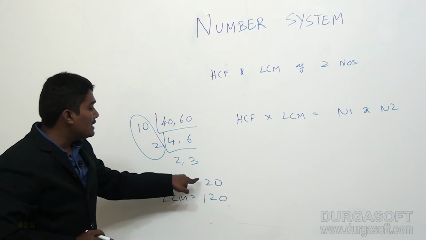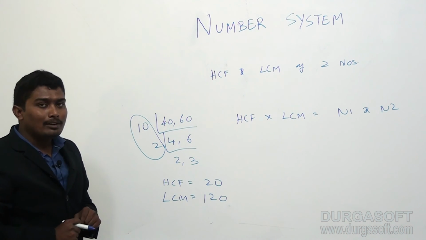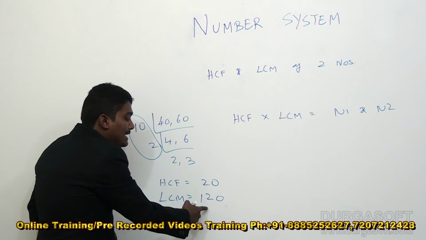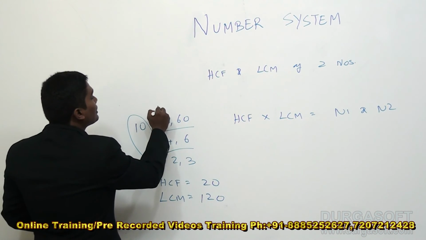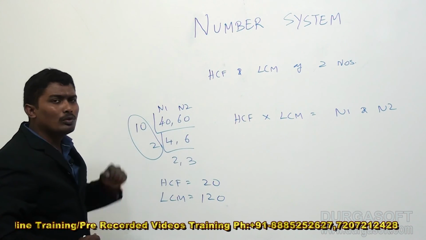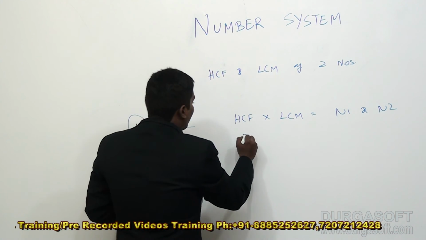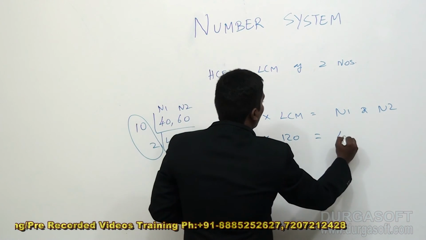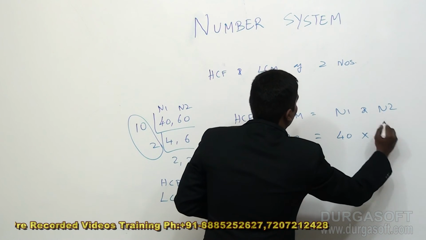So I found that the HCF and LCM of the two numbers are 20 and 120. Now I will apply this here. So I know HCF is 20, LCM is 120, and the two numbers n1 and n2 are 40 and 60. I will just check whether this rule works or not. So HCF 20 into 120 should be the same as 40 into 60.